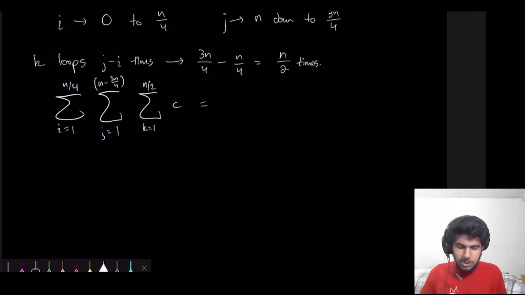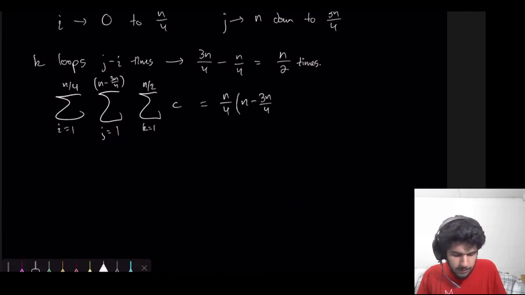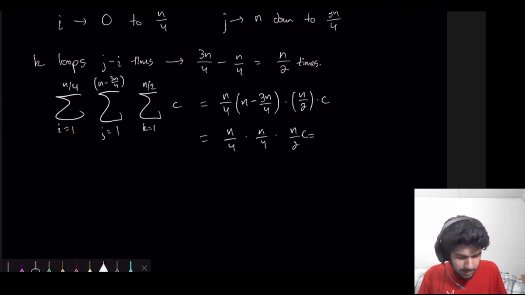And then when we do this summation, it's just the product of how many times each thing runs. This is n over 4 times n over 4 times n over 2 times c. And that's going to be c times n cubed over 32.